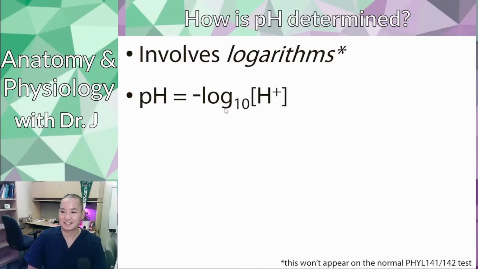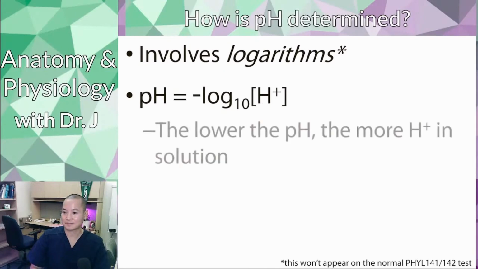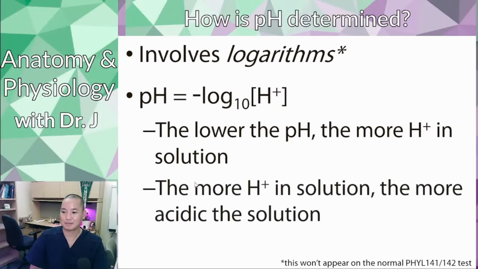So this negative sign and the logarithms, this is why pH has that kind of inverse. The more concentrated the solution is with protons, the smaller the pH gets. So lower pH, the more hydrogen protons in solution, and the more protons in solution, the more acidic the solution.